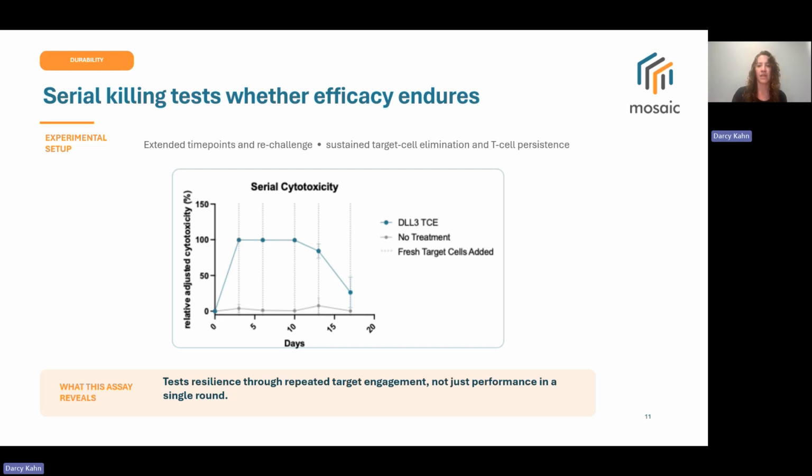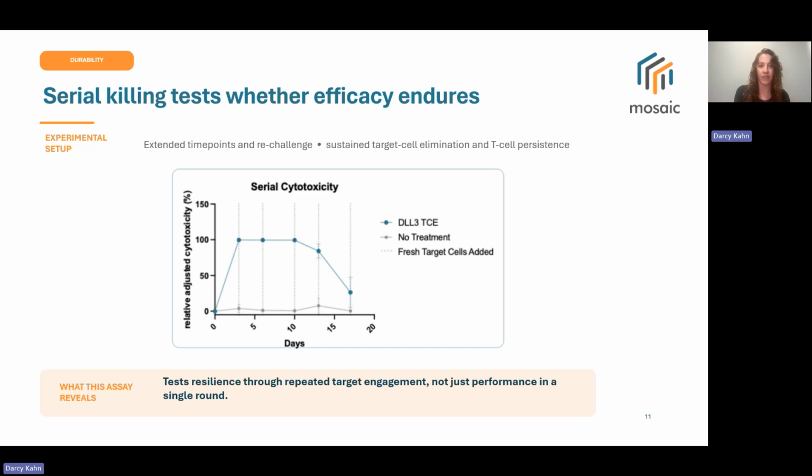So we use extended time point, or I guess re-challenge co-culture formats, where T cells get exposed to fresh target cells multiple times to evaluate whether the killing capacity of that effector cell, of that T cell, can hold up. If that T cell can be persistent over time.